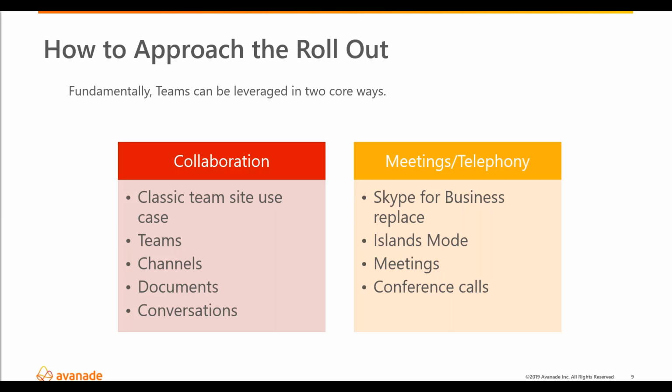So this is one way that you can roll it out. You can say, here's our timeline, and it has to be deliberate, that this is our roadmap for meetings and telephony. On the other hand, Teams has this, kind of like TeamSite, this SharePoint TeamSite sort of parity, and this collaboration component that is very different from the governance and the roadmap approach to rollout for meetings and telephony.